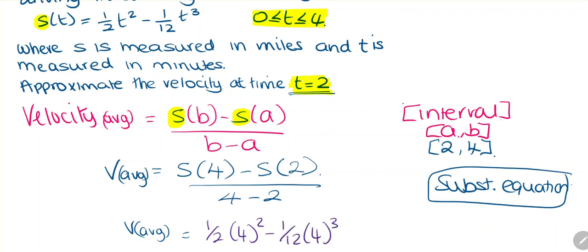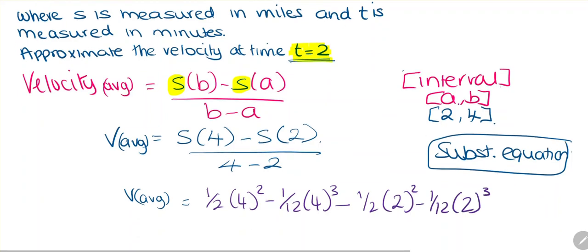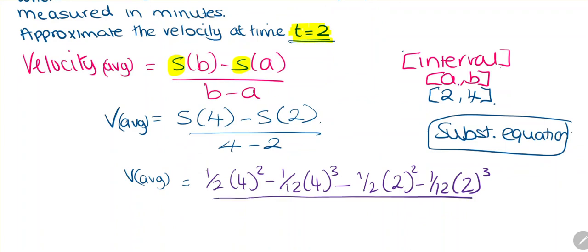And then we've got our second function, which is the value of 2. So we're going to minus, and then we're going to put this in. So we've got a half, and this time we're going to use 2 squared minus a 12th 2 cubed. And this is divided by 4 minus 2, which is 2.